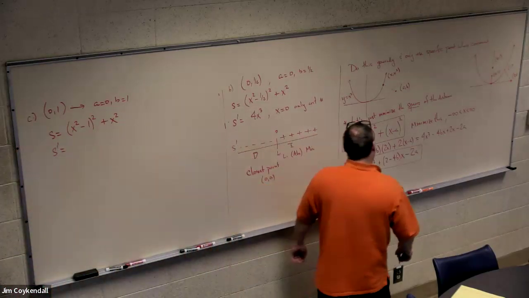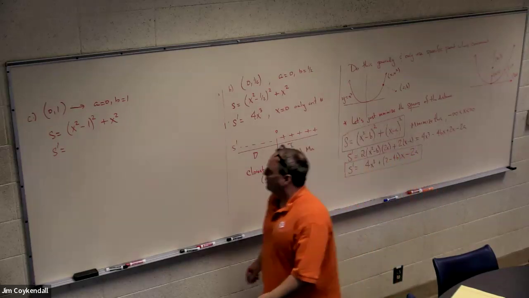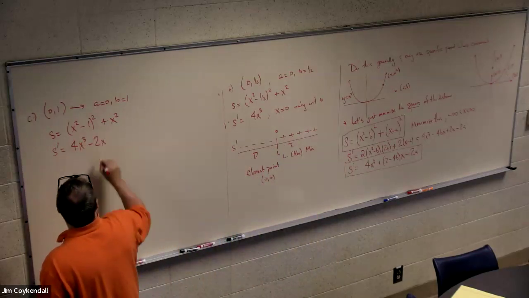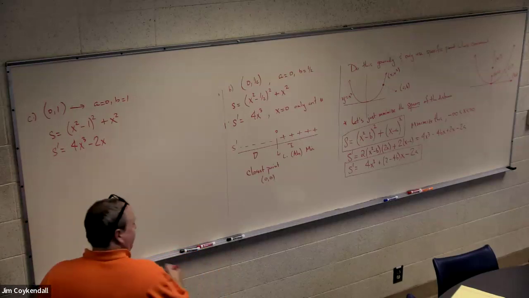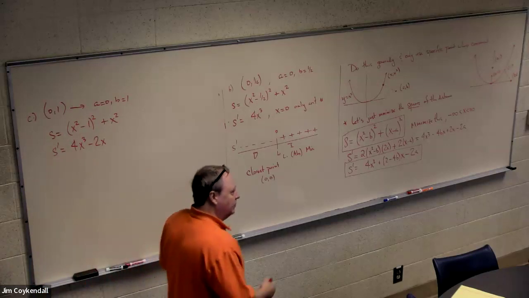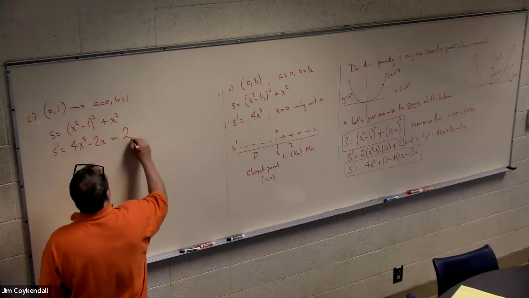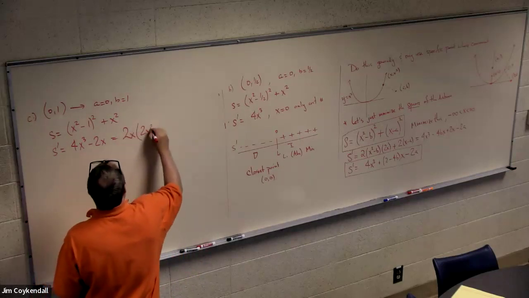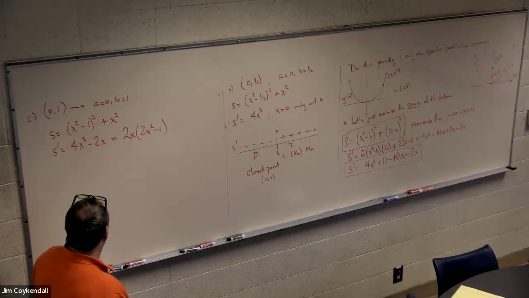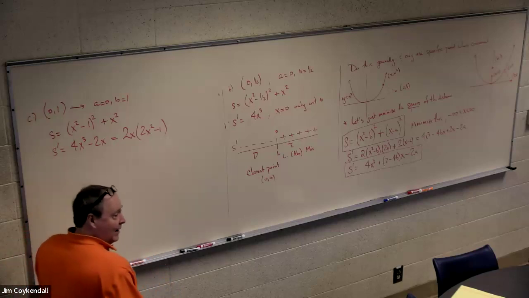That is going to be 4x cubed minus 2x. And A is zero, so that's it. This polynomial is actually the hardest one we've got so far. This is 2x times 2x squared minus 1. So now I get three critical numbers.